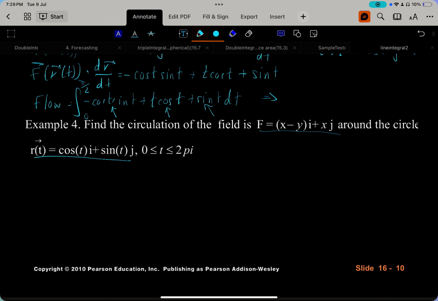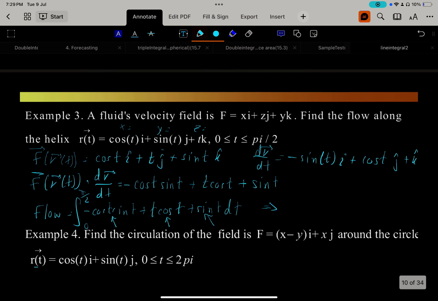We can check if this is a circulation by substituting 0 here. If we put 0, this is 1 plus 0, and if we put 2 pi, it's 1 plus 0. So you can say it's a circulation, from A to B over the curve.